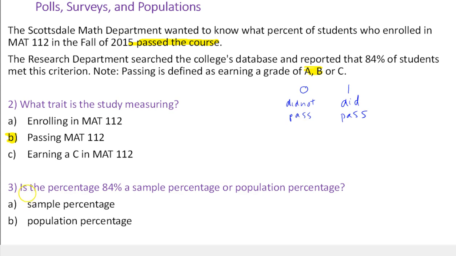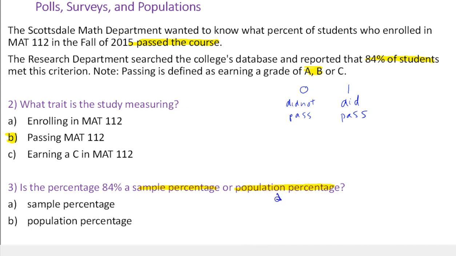And our third question is, is the percentage 84% a sample percentage or a population percentage? Here's our 84% of students. To determine this, we need to see, did we get all of the information from the entire population?